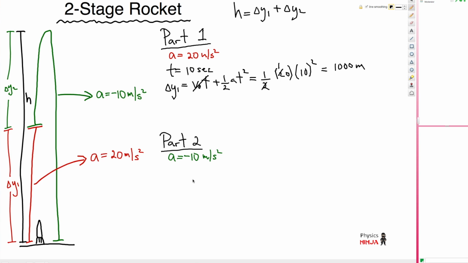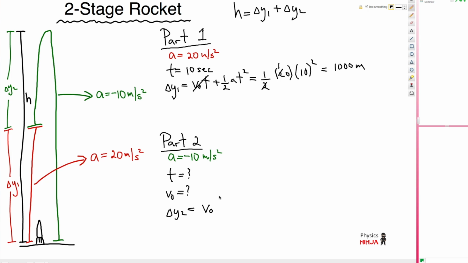For the second part now, well, again, do I know the time? Let me just write down the variables. Do I know the initial velocity for part 2? And I'm really looking for the displacement, delta y2. Let me just write down the expression here and see what we have.